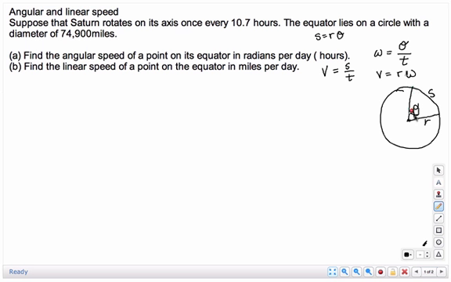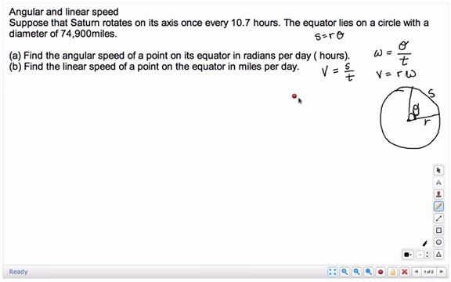Now the angular velocity is the change in the angle over time, so that's this formula here. Using these two formulas, you can convert to this formula right here, which you're going to use: the linear velocity v equals the radius times the angular velocity.